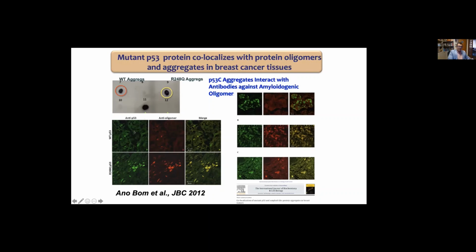Clearly, when we have antibodies against p53, this figure shows the fluorescence of antibodies against p53 and against oligomers, in the case of a biopsy that had the R248Q mutation.